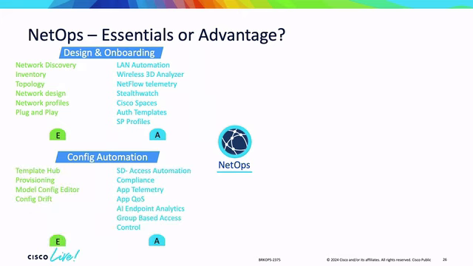On configuration automation, what can you do with Essentials versus Advantage? Catalyst Center with Essentials licenses will be able to perform backup of configuration of your network devices. You will have visibility of the config drift when you perform configuration changes on your network devices.